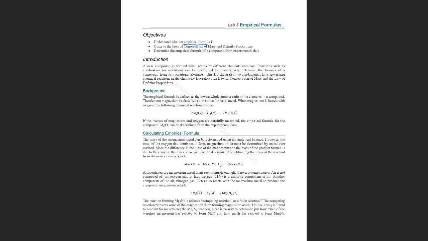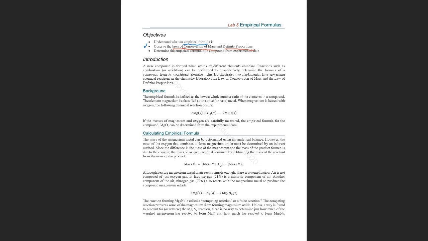And as is listed here, we are going to verify the two main laws that you already studied. One law is the law of conservation of mass, and the second law is the law of the definite proportions. What are those laws?